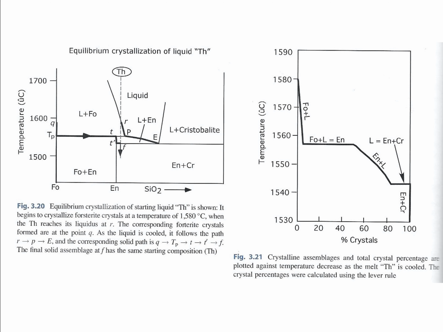So here we have the equilibrium crystallization of a starting liquid TH shown. We are going down again, coming to the liquid melt curve, going down to the peritectic point where incongruent melting takes place. We are starting with a temperature of 1580 degrees Celsius, where we start to crystallize forsterite rich olivine crystals.